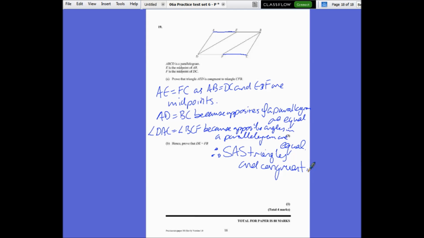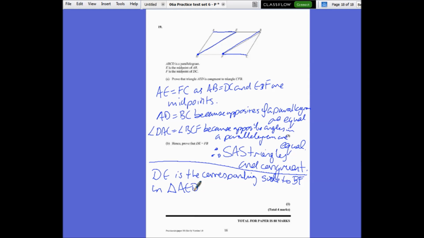Part B says, hence prove that DE, so from D to E, is equal to FB, so that one there to there. So it's really simple, all we need to write is that DE is the corresponding side to BF in triangle AED and triangle CFB.